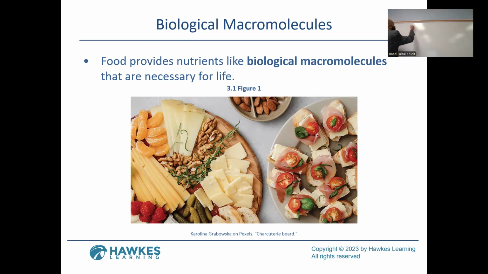We have carbohydrates, and these carbohydrates are known as polysaccharides, and the polysaccharides are made up of disaccharides, and disaccharides are made up of monosaccharides.